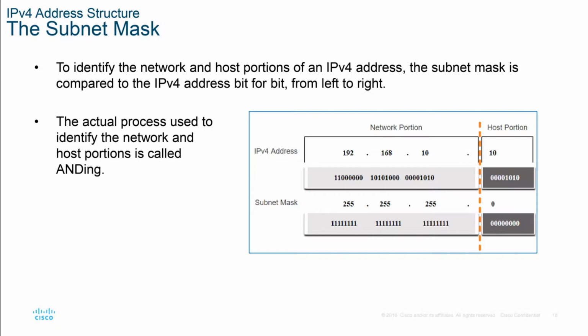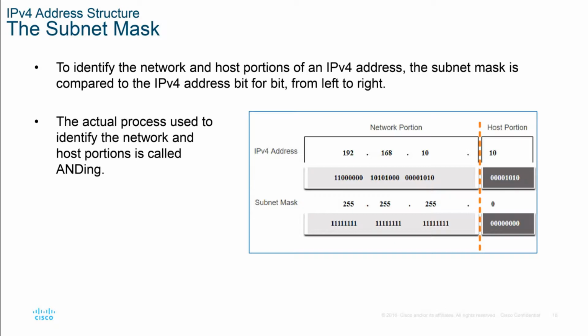We use a process called ANDing to make the network address fall out. Now, we don't do this, but the routers do. When they pull up the destination address and are trying to figure out what the network portion is, the router ANDs the subnet mask to the destination address, and what falls out is the actual network address.